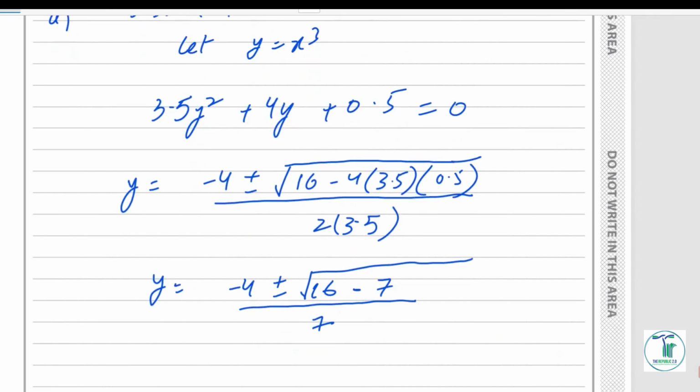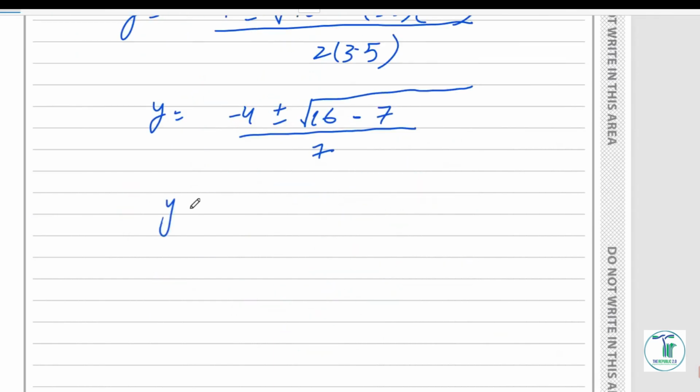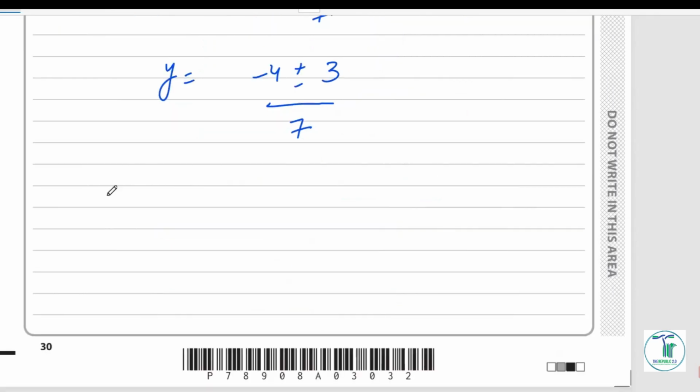So by just solving this down, negative 4 plus minus the root of 16 minus 7, which is 9, and the square root of 9 has to be 3, divided by 7. So the two answers of y that I must be having should be negative 4 plus 3, which is negative 1 upon 7, and the other answer for y, negative 4 minus 3, should be negative 7 upon 7, and that should be negative 1.